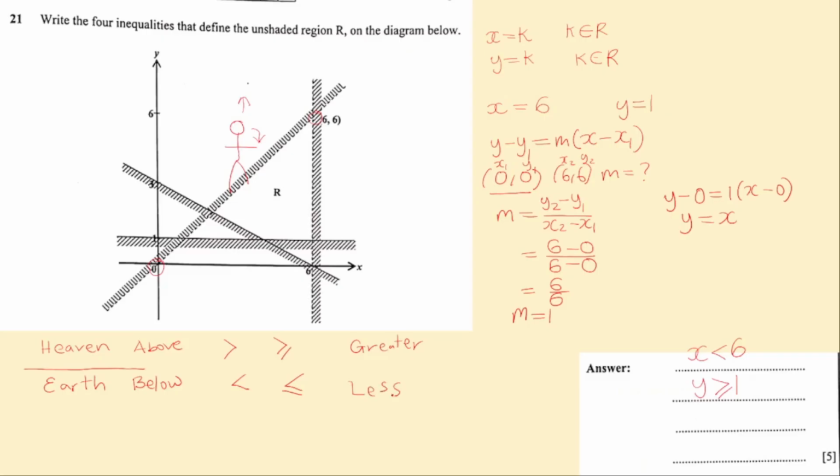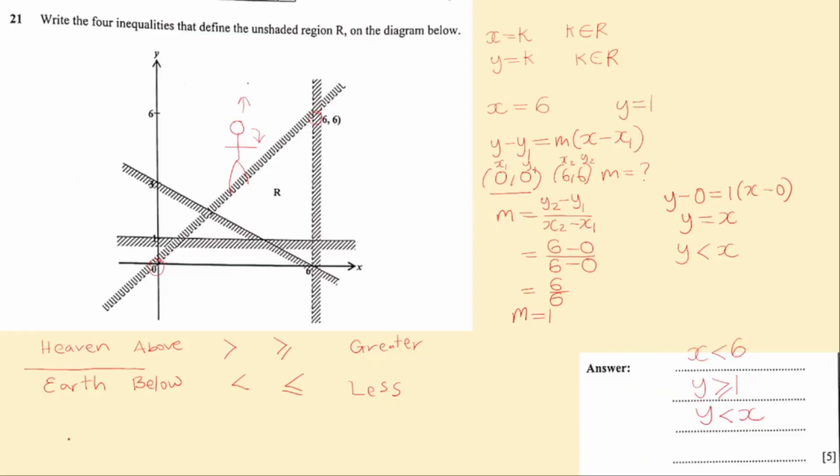What's on earth is less than what's in heaven. So we use that analogy to say that the unshaded region is below, so we assign this less than symbol because the unshaded region is below the line.